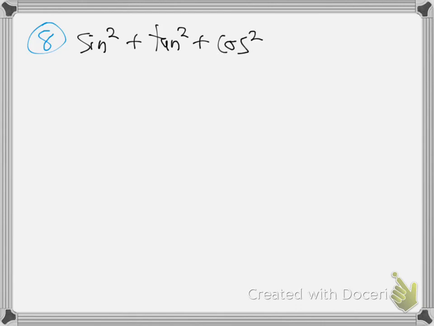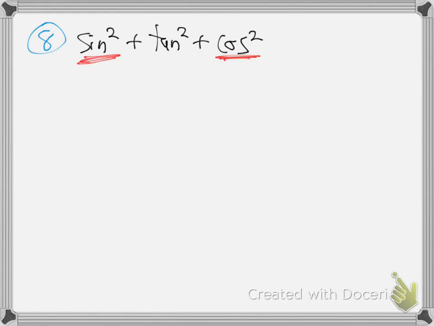All right. Let's go to number 8. So let's try sine squared plus tangent squared plus cosine squared. Anybody have a good observation? Presley. You can make sine squared plus cosine squared 1.